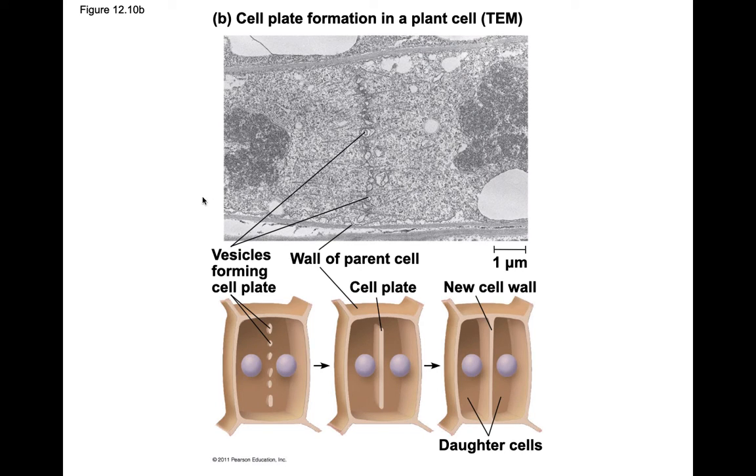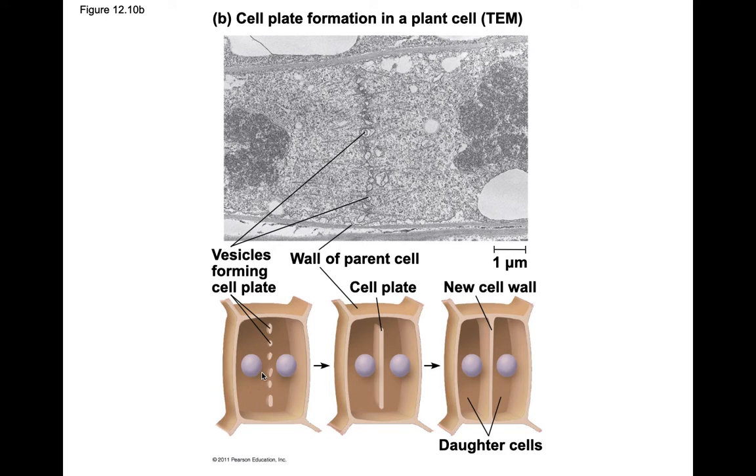Within plant cells, because of the rigid cell wall, rather they have vesicles that form a cell plate that will become a new part of the cell wall, and they do that after they have divided genetic information appropriately, and that will then form two new plant cells as that new cell wall forms.